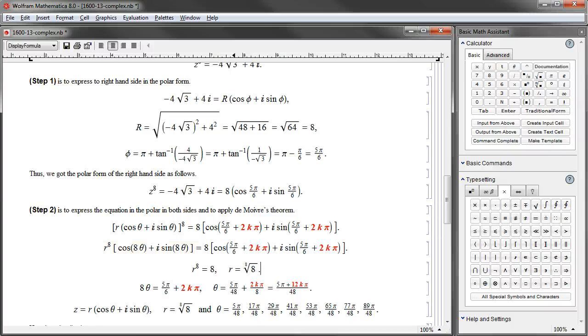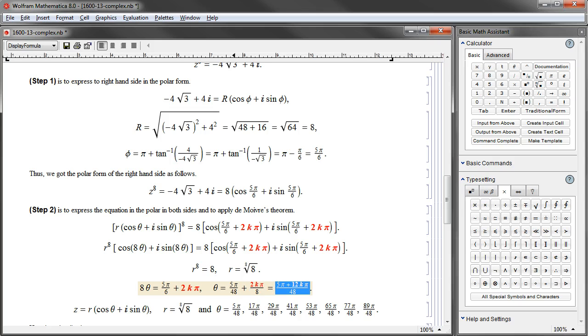Comparing the moduli, we get r to the 8th power is equal to 8, and r is 8th root of 8. I don't care too much about the numerical expression of 8th root of 8. This is sufficient. Now let's compare the arguments. 8 theta equals 5 pi over 6 plus 2k pi. So if I divide everything by 8, we end up with 5 pi over 48 plus 2k pi over 8.